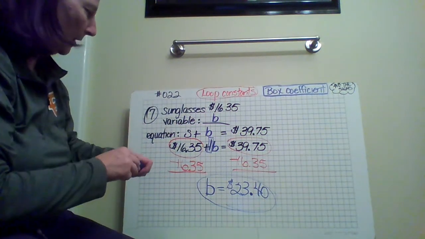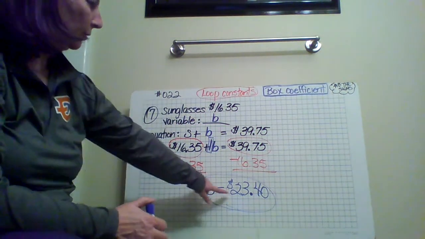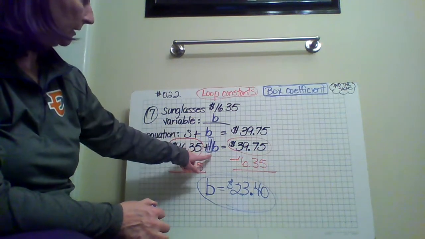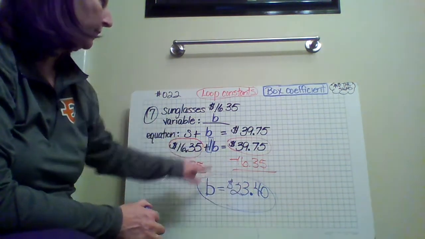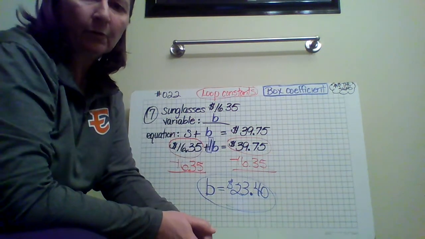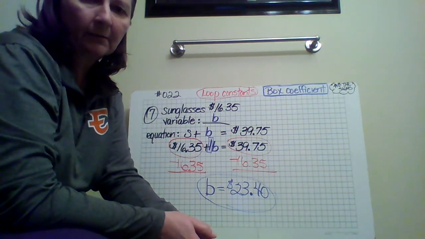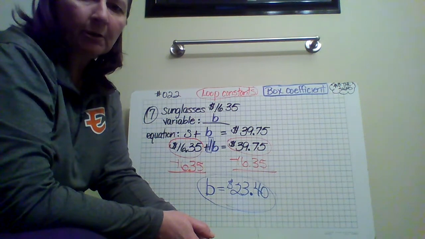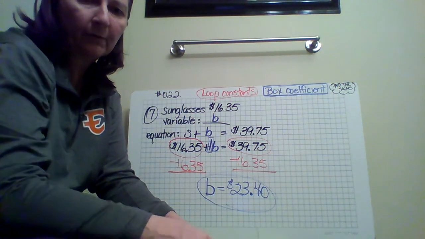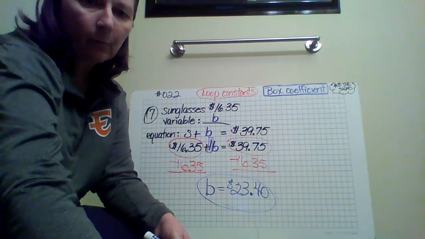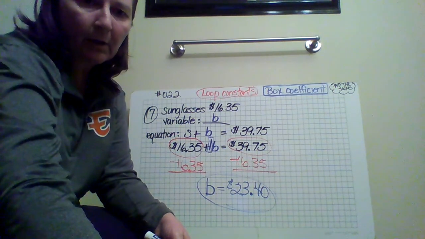Again, to check my work, I would substitute $23.40 in here. 16.35 plus 23.40 should give me $39.75. All right, please make sure that you have all of those steps written down on your paper for full credit. And we'll go ahead and get set up for problem number 8.